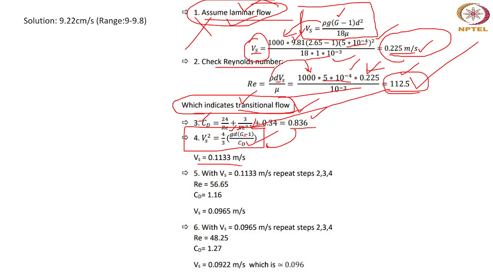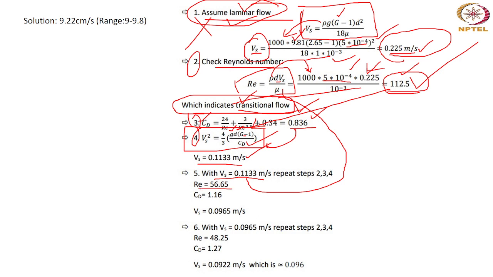Calculate Vs, and you will get 0.1133 meter per second. Then use this settling velocity and repeat steps 2, 3 and 4. You got this Vs, right? Then check the Reynolds number. Put this settling velocity 0.1133 into the Reynolds number equation and check how much Reynolds number you are getting.